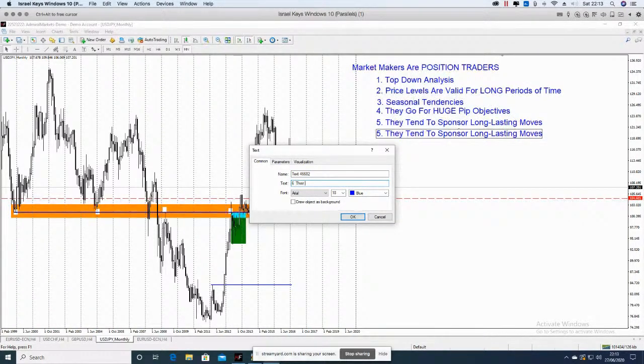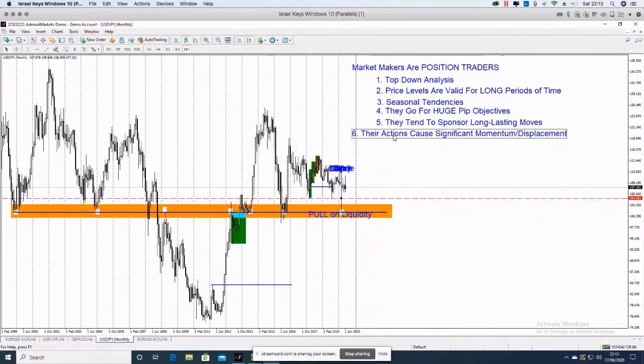Their moves or their actions cause significant momentum / displacement. And I left this for last because it's perhaps the most important sign of a market maker move.